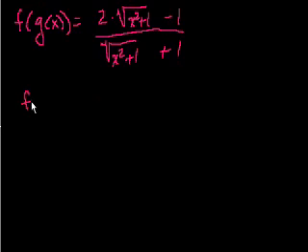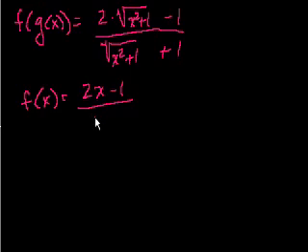And f of x is equal to 2x minus 1 over x plus 1. And the question is, if we know that f of g of x is equal to this fairly complex looking expression, and that f of x is equal to this, then what is g of x?